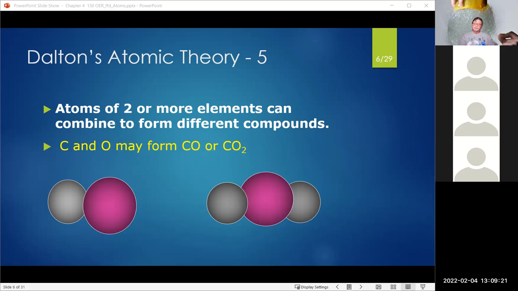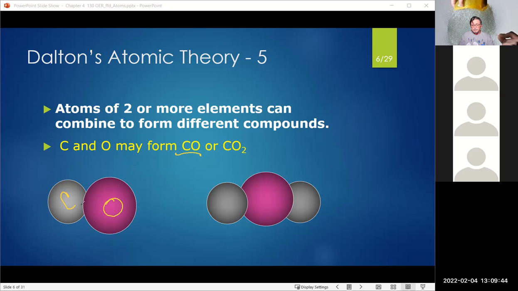And here's an example of 2 compounds that have carbon and oxygen in them. But the difference is the number of oxygens. We have here CO, which is carbon monoxide. And these 2 spheres represent carbon and oxygen, okay?